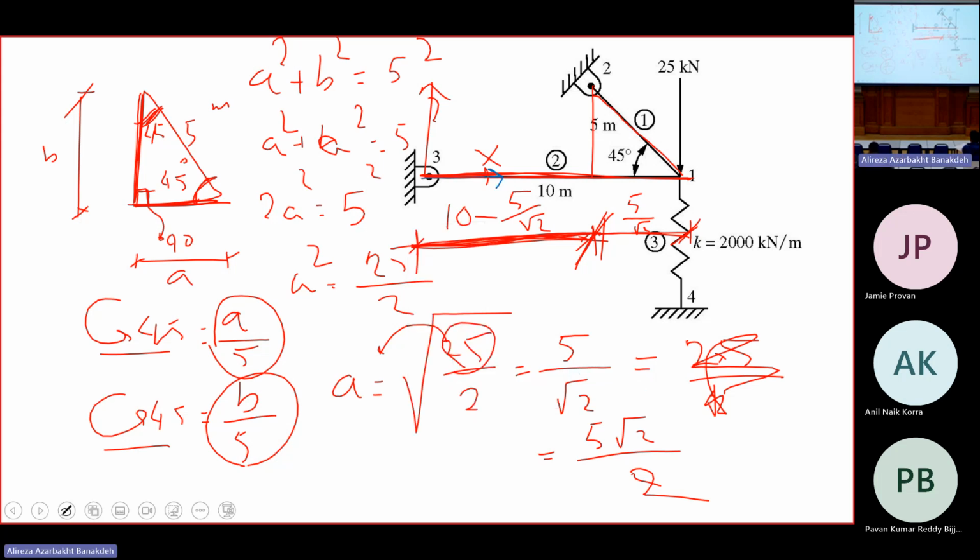If you say my x is this one, this is y, when I ask you x for point number 2, this is the x for point number 2. This is the x2, right? This is the x1. X3 is what? X3.